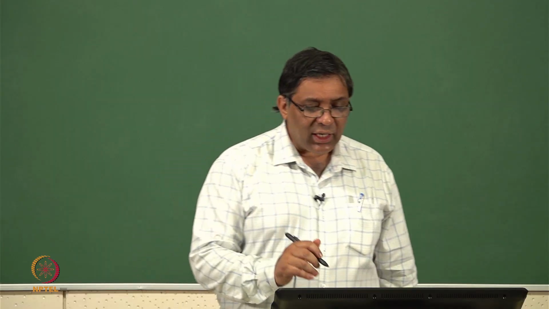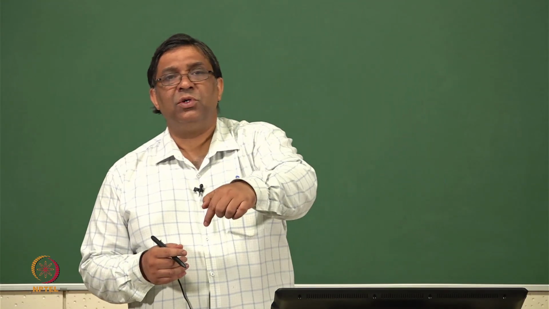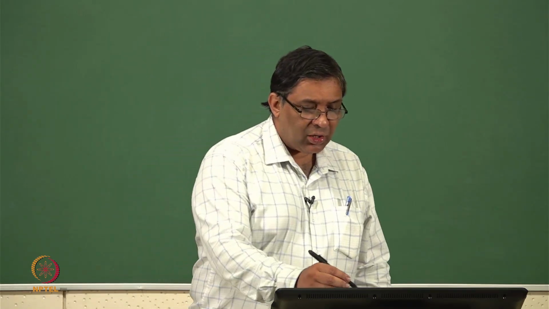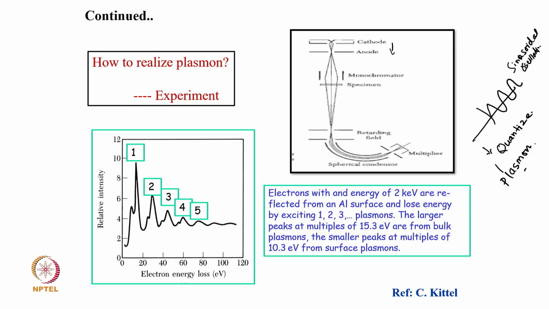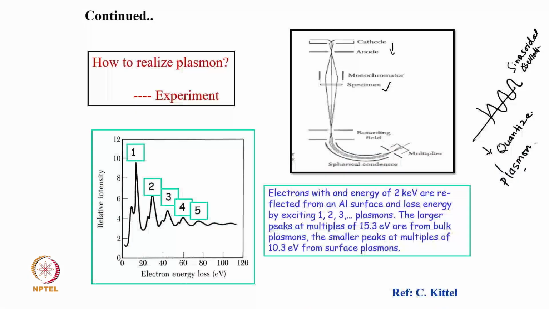And how can one detect it? It's very simple. You can generate plasmons by shining light on a very thin metal foil, or you just send very high-energy electrons through a metal foil. These electrons, when they pass through, excite the plasmon, and this is a typical plasmon spectrum from aluminum metal.